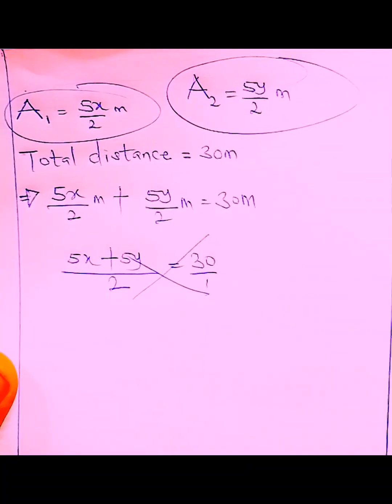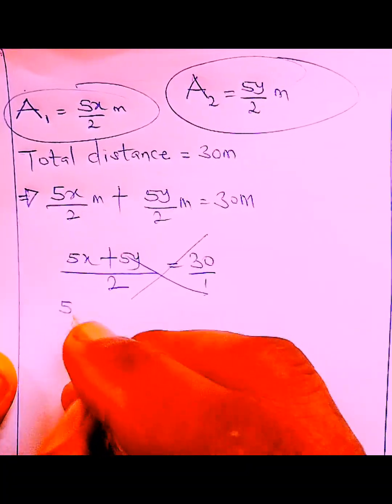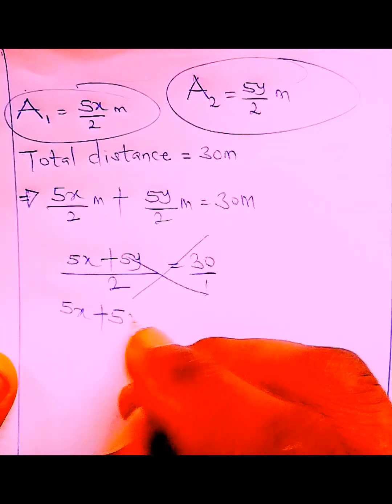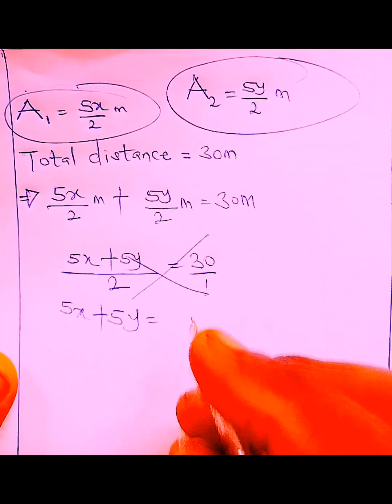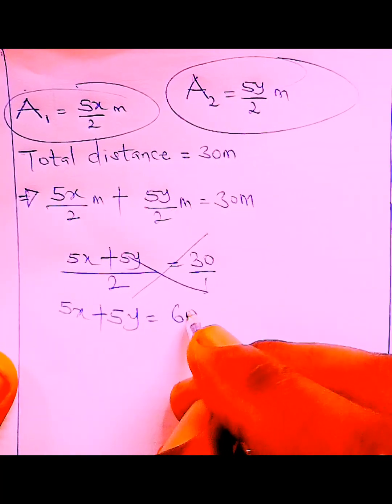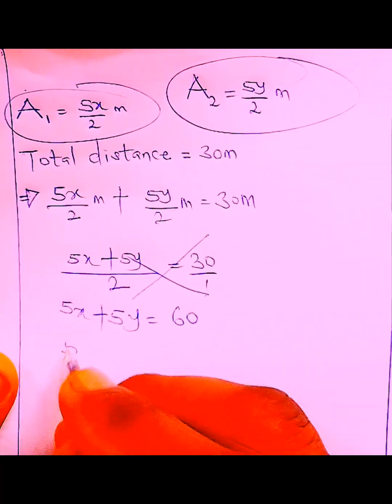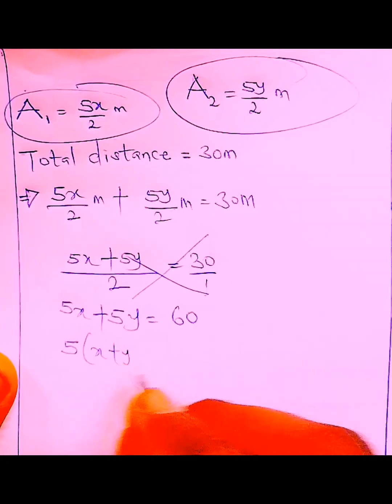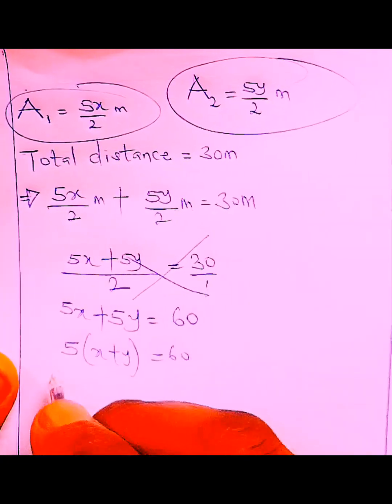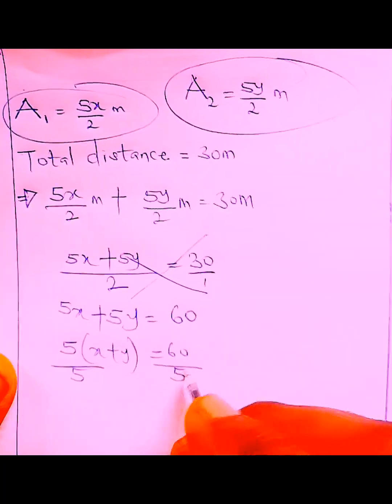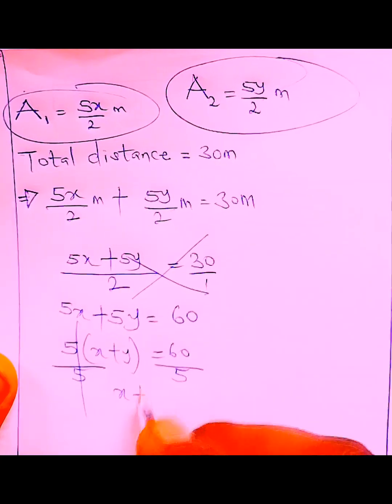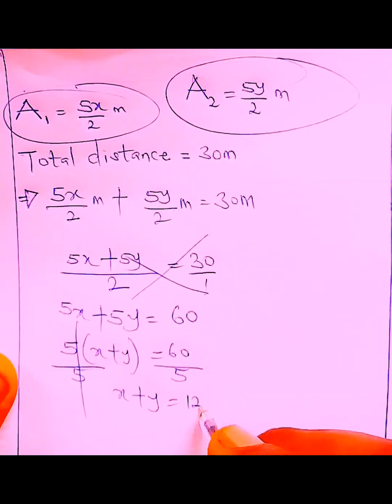We can cross multiply. That's 5x plus 5y equals 2 times 30, which is 60. So 5 is common. Bring the 5 out, x plus y equals 60 over 5. Divide both sides by 5. So x plus y equals 12.